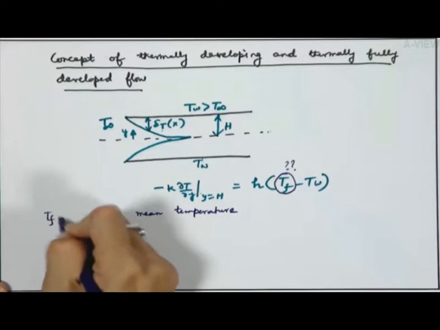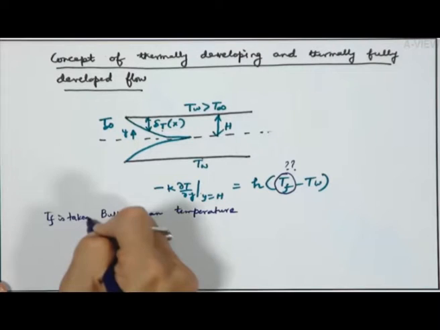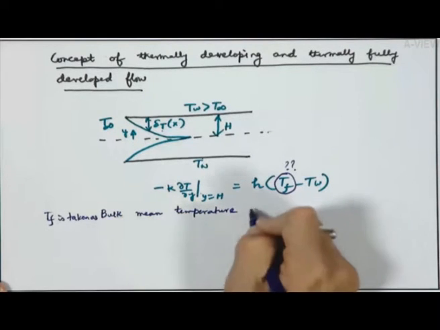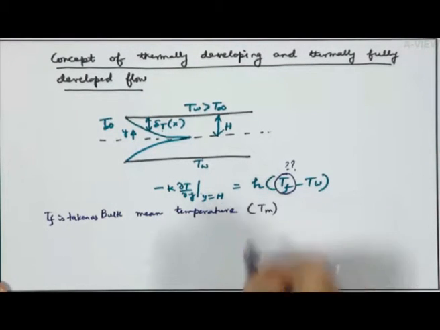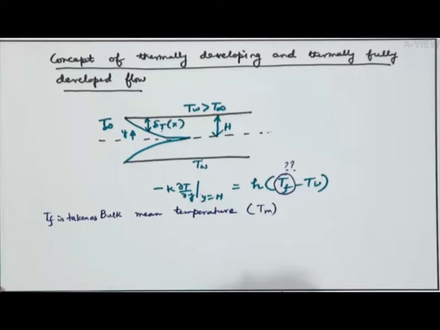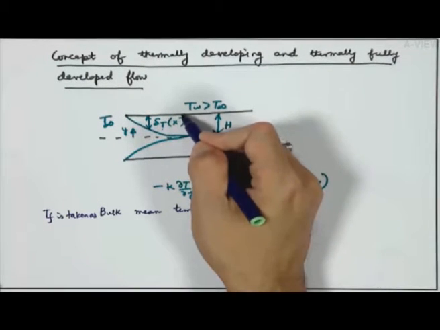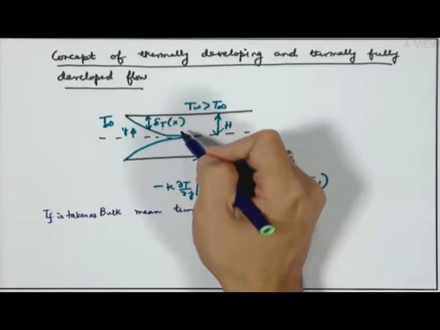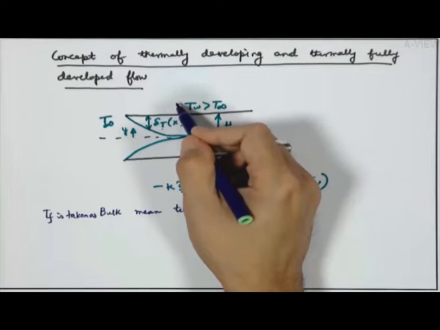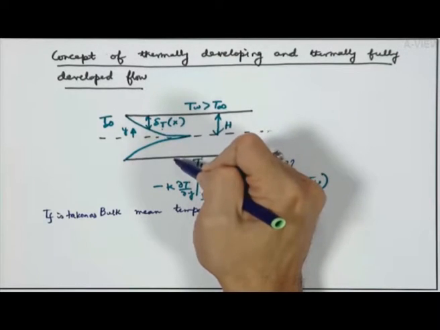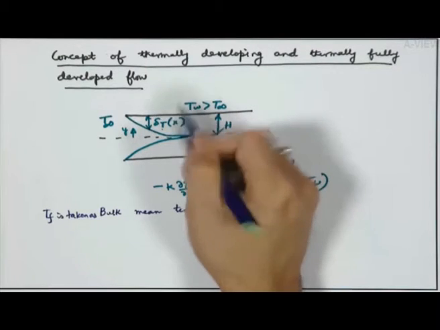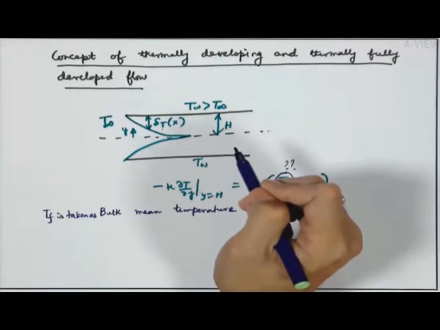Tf is taken as the bulk mean temperature, or Tm. What is the bulk mean temperature? It is an average temperature across a section which represents the correct thermal energy of the section. So, what is the thermal energy of the section?